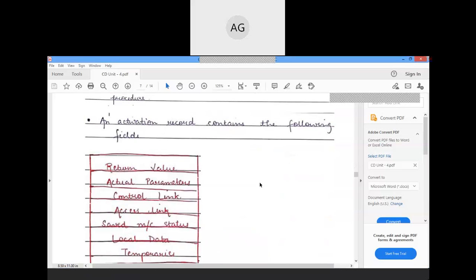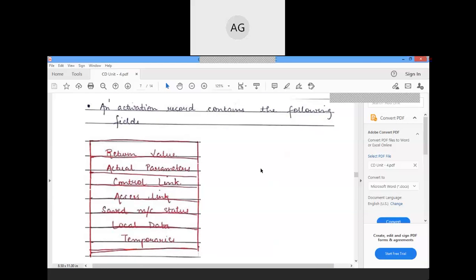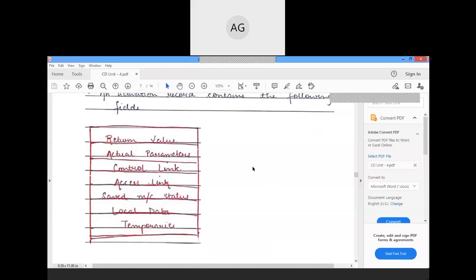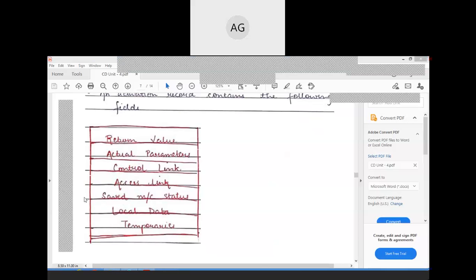So an activation record contains the following fields. These are some of the fields contained in the activation record. As you can see, first is the return value, then the actual parameters, then the control link.